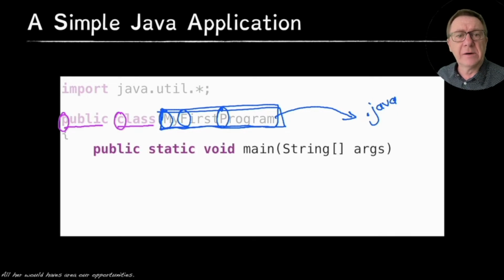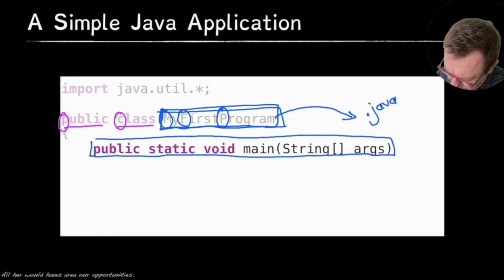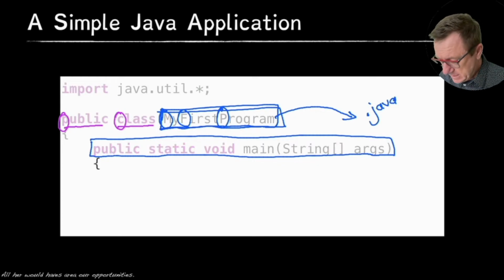Curly bracket. And now I say public static void main(String[] args). This line will go in every one of your files, okay? And go only for now. Just relax. Public static void main(String[] args). Open curly bracket.